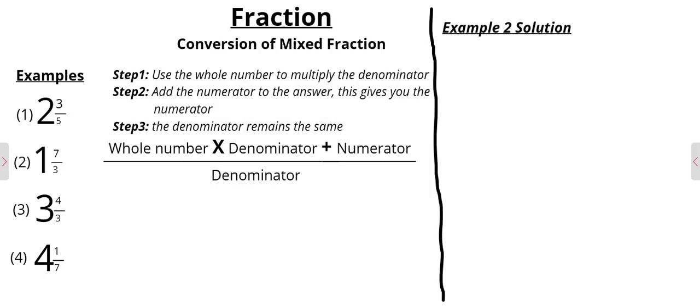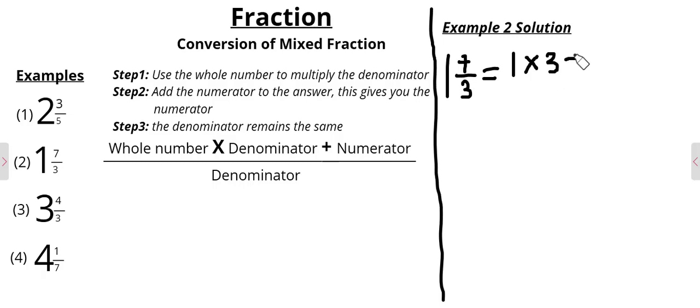So let's take example 2 solution. So example 2, there we have 1 whole number 7 all over 3. Now the aim again is to convert it to either a proper fraction or an improper fraction. So the first step again is use 1, which is the whole number, to multiply the denominator, which is 3.